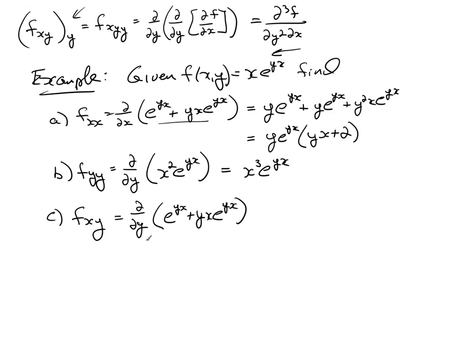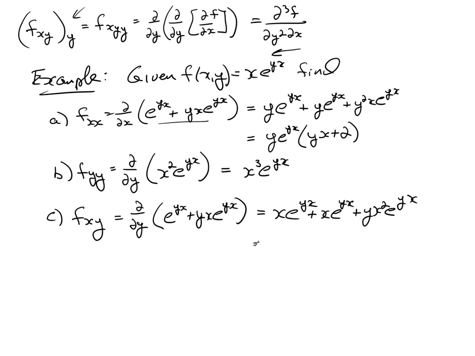So the partial of this with respect to y is going to give me x e to the yx. This is this first piece here, because remember, x is a constant. I have the product rule here. So this is going to be plus x times e to the yx plus yx squared e to the yx.